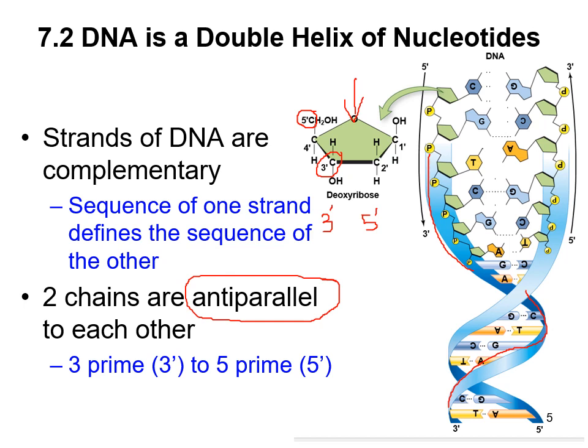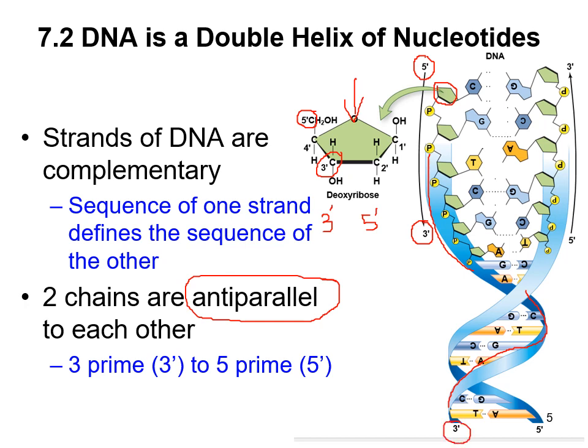Now, when I say that it runs anti-parallel, that means that if you look at your DNA model, because of its two sides, it's going to have two backbones. If one backbone starts at 5', it will end at 3'. This all has to do with how the sugar is oriented. So the 5' will be pointing upwards, and the 3' will be pointing downwards.